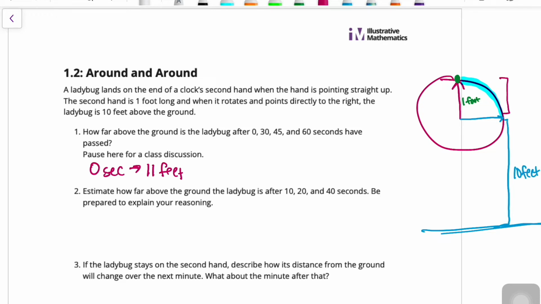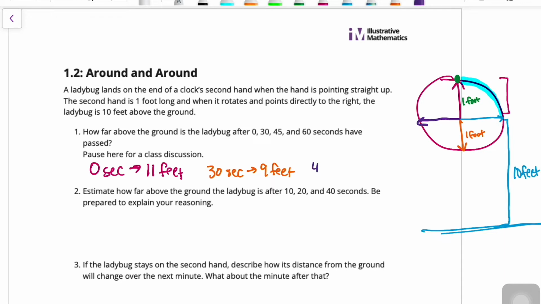If the second hand rotates down to here, remember that all of these arrows are a radius, so they're all the same length. So that one's 1 foot. So if you take away 1 foot from that 10 feet, then at 30 seconds, that ladybug is at 9 feet. And then when you come to 45 seconds, that is the same as 15 seconds.